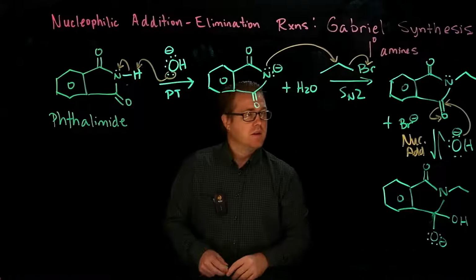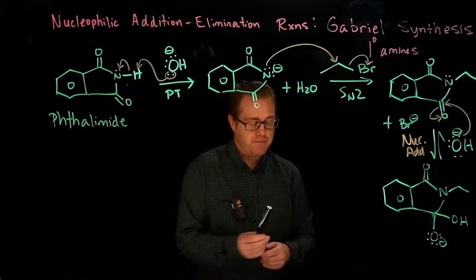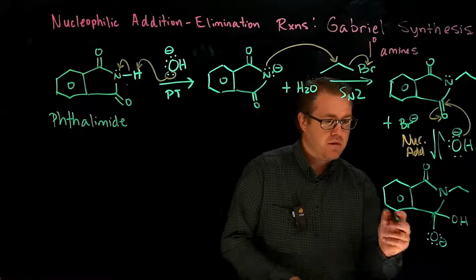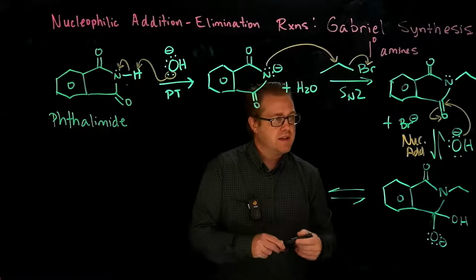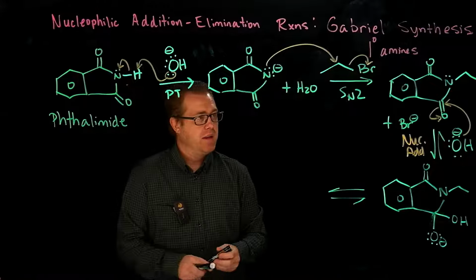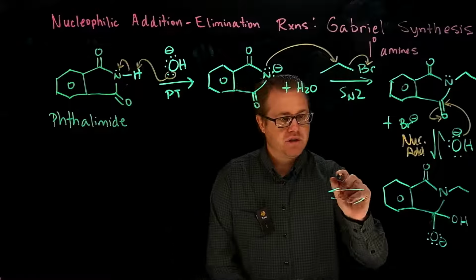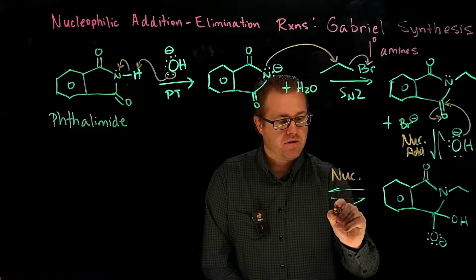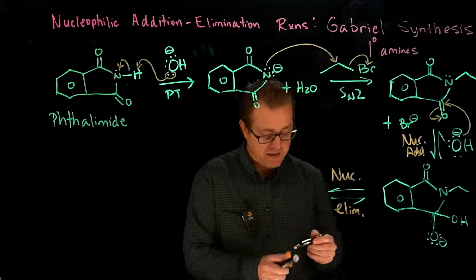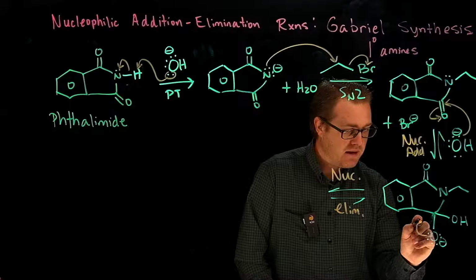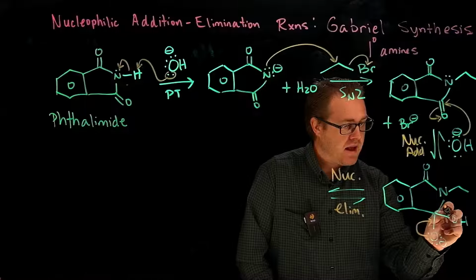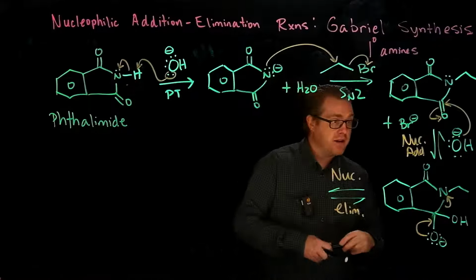Okay. So there's our nucleophilic addition step. Then what's the next step? That would be the nucleophile elimination step, where those electrons are going to come down and collapse back down and then break the carbon-nitrogen bond.